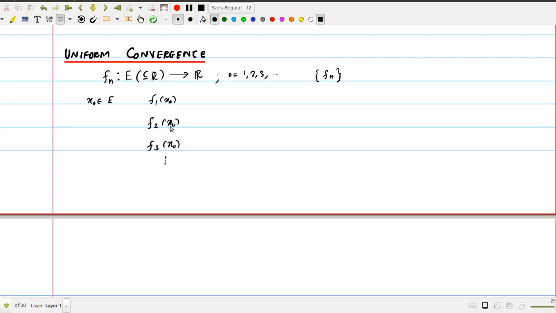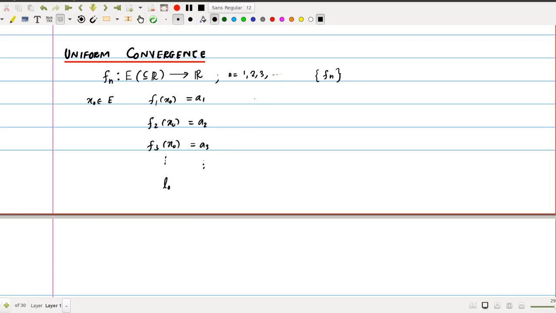In fact, these are real values because f is a function from E to R. Then for each x0 in E, fn of x0 is an element of R. So this will give real numbers, say a1, a2, a3, etc. So this is a real sequence. Suppose this real sequence converges to some point L0. We recall that if it is convergent, then it has a unique limit, say L0.